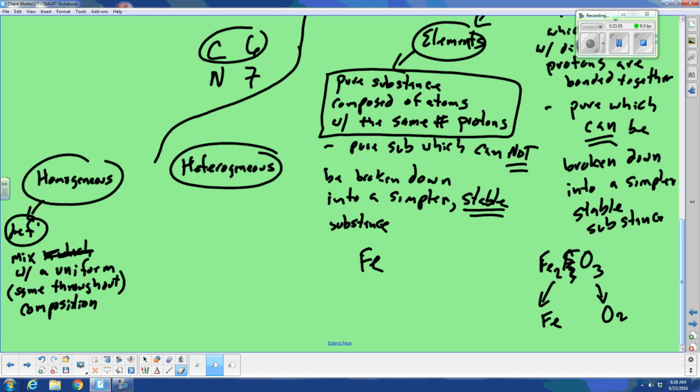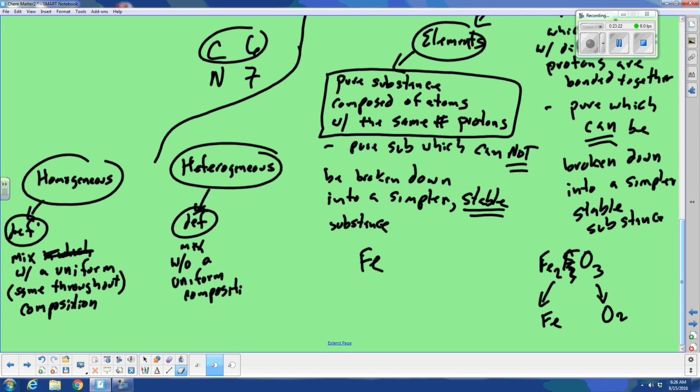Whereas a heterogeneous mixture is a mixture without, W-O, without a uniform composition.